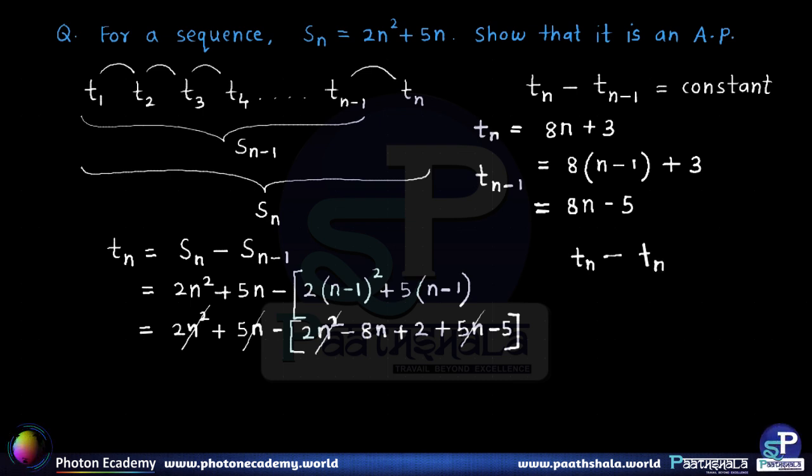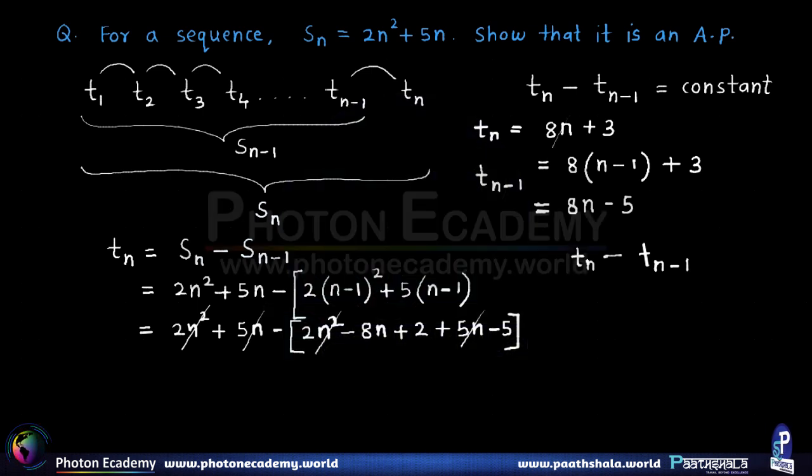So if we see Tn is 8n plus 3, and from that if we subtract 8n minus 5, then 8n and 8n will get cancelled. So 3 minus of minus 5 is going to give us 8.